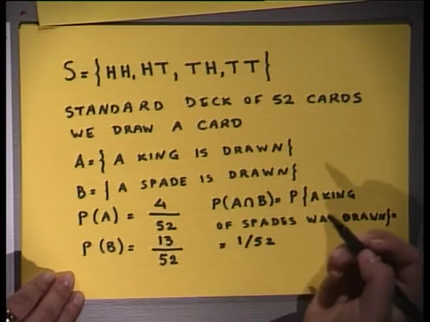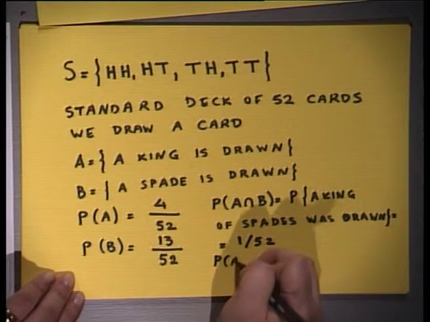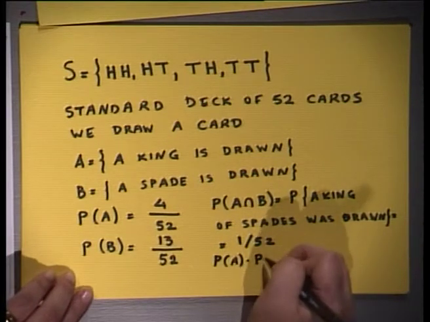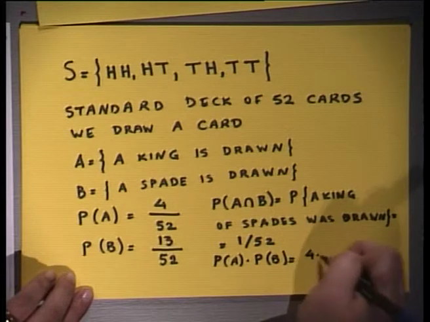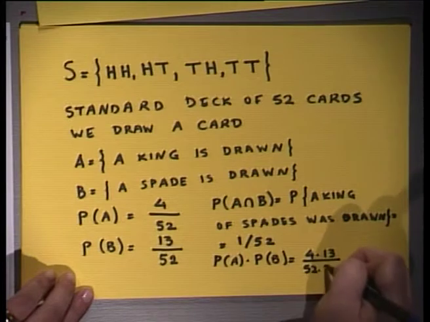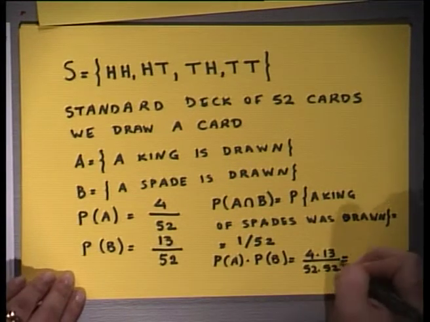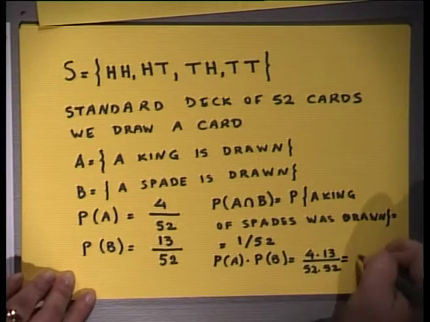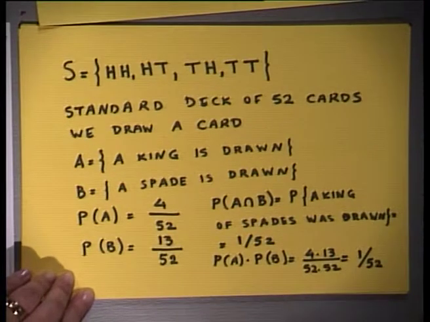So now we compare with the probability of A times the probability of B, which is 4 times 13 over 52 times 52, and this, if we do the calculations, is actually 1 out of 52.